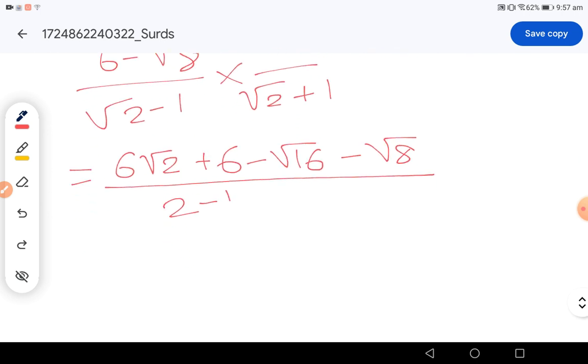So 6 root 2 plus 6 minus 4 and minus 2 root 2.